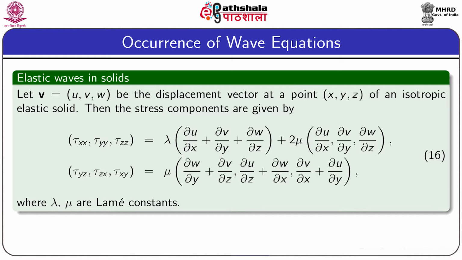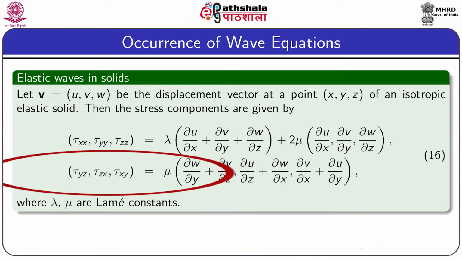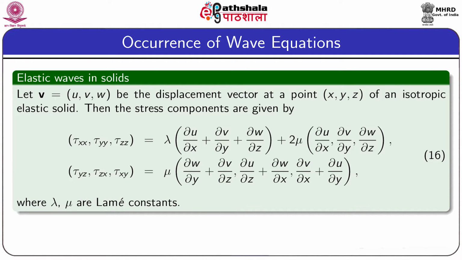Then the stress components are given by, these are the normal stresses, tau xx, tau yy, tau zz. The expressions for these are written, you can see in the slide, and the tangential stress components, which are tau yz, tau zx, tau xy. These are given by the equations which are written here.